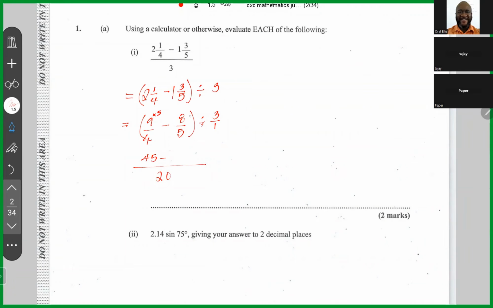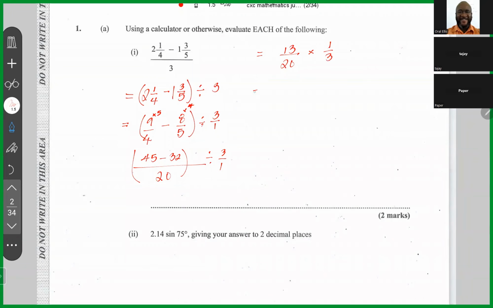Minus 5 into 20 is 4. 4 times 8 is 32. Divide by 3/1. So now I'm going to remove my bracket. I have 45 minus 32 is 13/20.